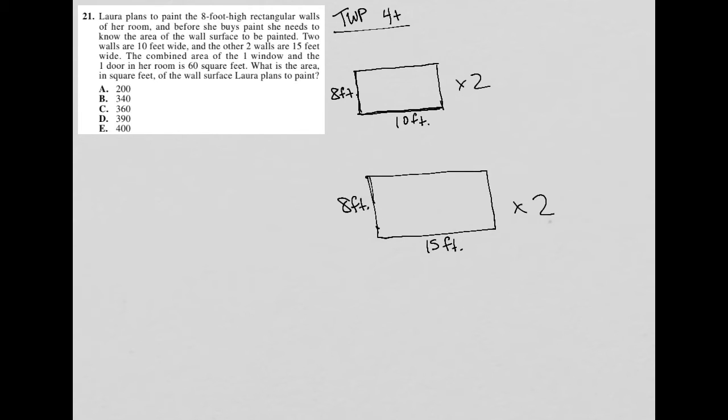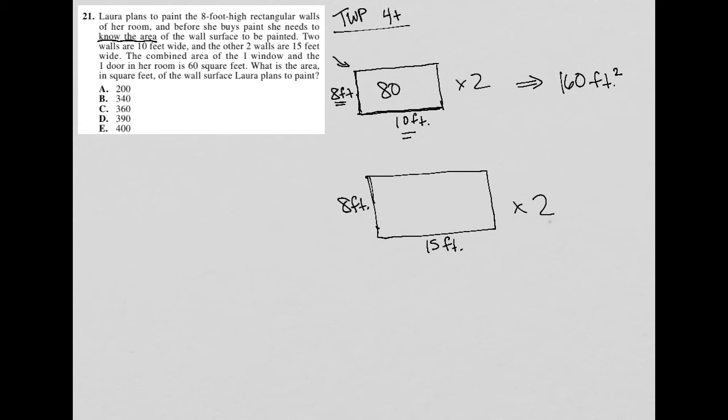So because I just read that she needs to know the area, again, before even continuing reading, I'm going to say, well, what is the area of each of these walls? Well, the area of this wall here is just base 10 times height 8, which makes it 80 square feet. So therefore, altogether, there are 160 square feet of area between those 2 walls with those dimensions, 8 by 10.